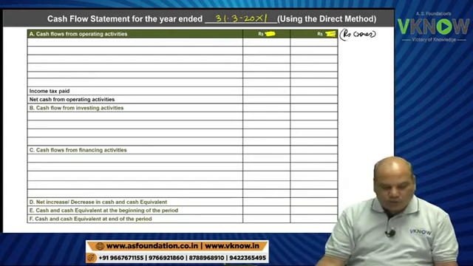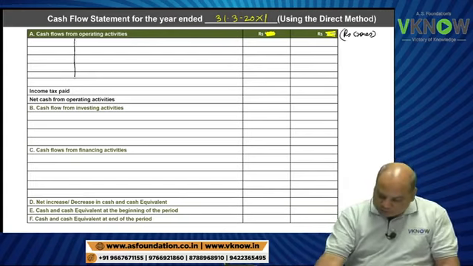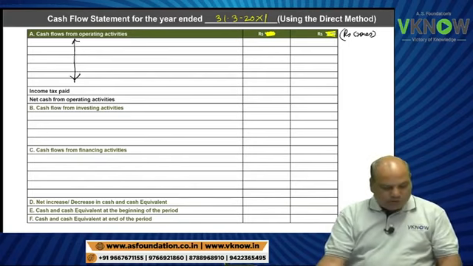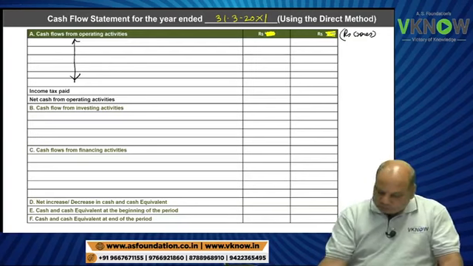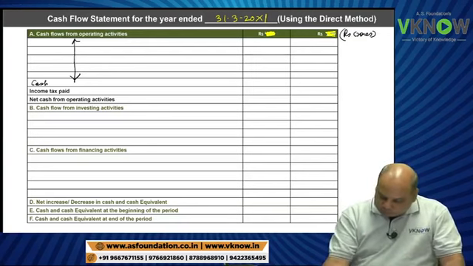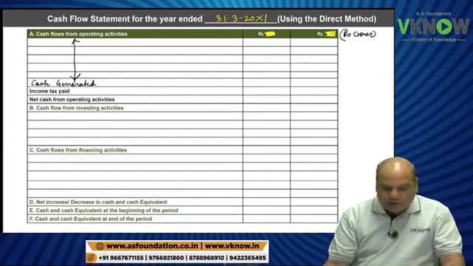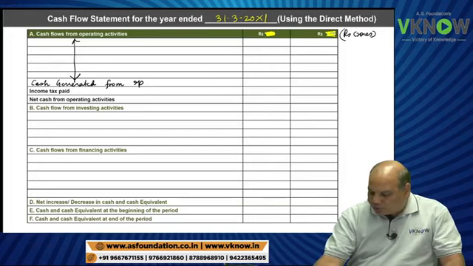Keep about 6 lines blank here. Then write down, after keeping 6 lines blank, cash generated from operations.